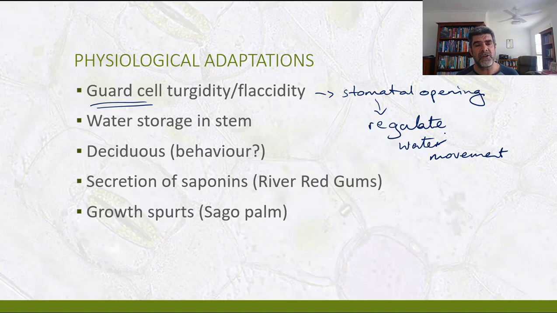Deciduous plants is an interesting one. This is the one that I mentioned at the beginning of the video: the fact that some plants lose their leaves in the autumn leading into the winter, is that a behavioral adaptation? Is it a physiological adaptation? I've put it here in physiological because there's a lot of things that the plant is actually doing, withdrawing some of the very important materials that it may need, especially chlorophyll.